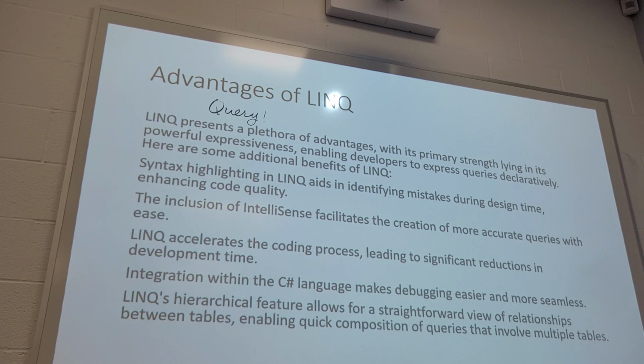We have talked about LINQ's hierarchical feature, which allows a straightforward view of relationships between tables, enabling quick comparison. This point will make much more sense when we know the relationship between the tables. With the relational database concept, when we create SQL databases, there is a relational diagram behind that really shows the relationship between the tables.